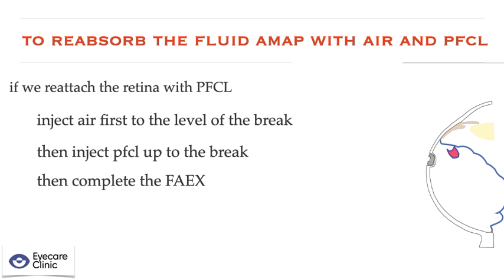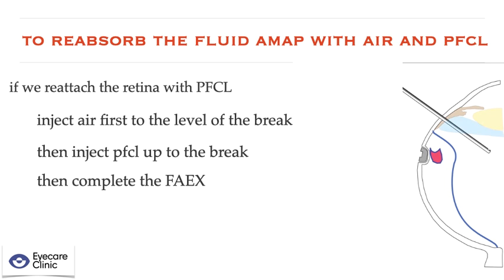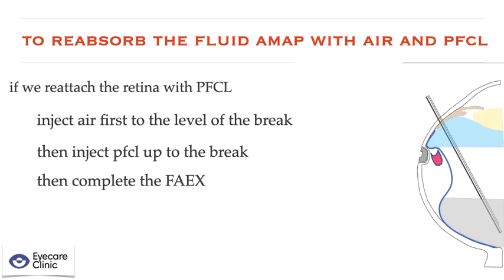A better way to reattach the retina with PFCL is to inject air first up to the break and then inject PFCL up to the break and complete the fluid air exchange. This will minimize the amount of subretinal fluid at the end of the maneuvers.